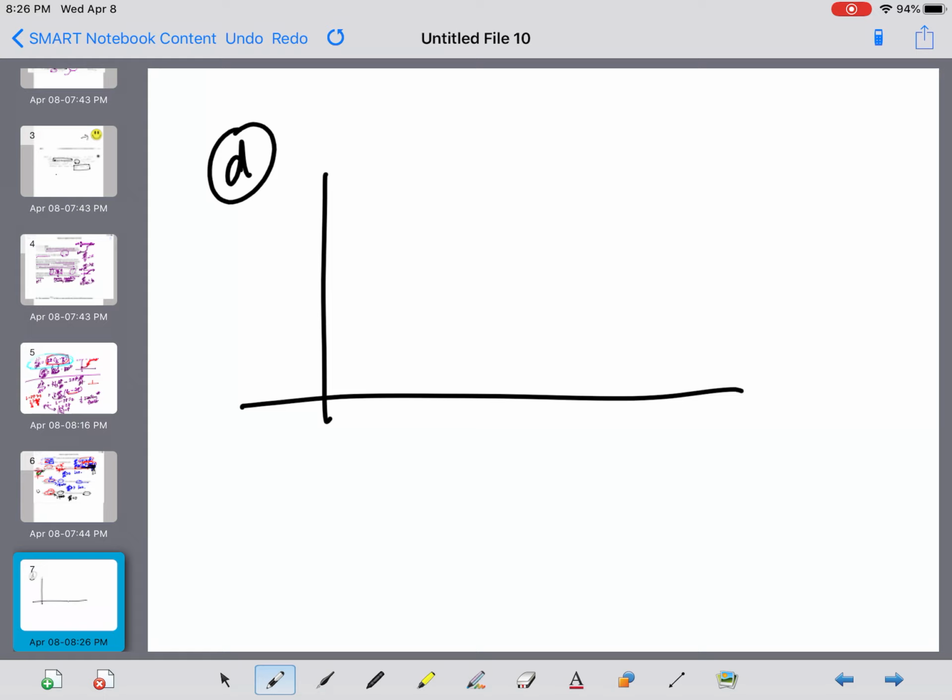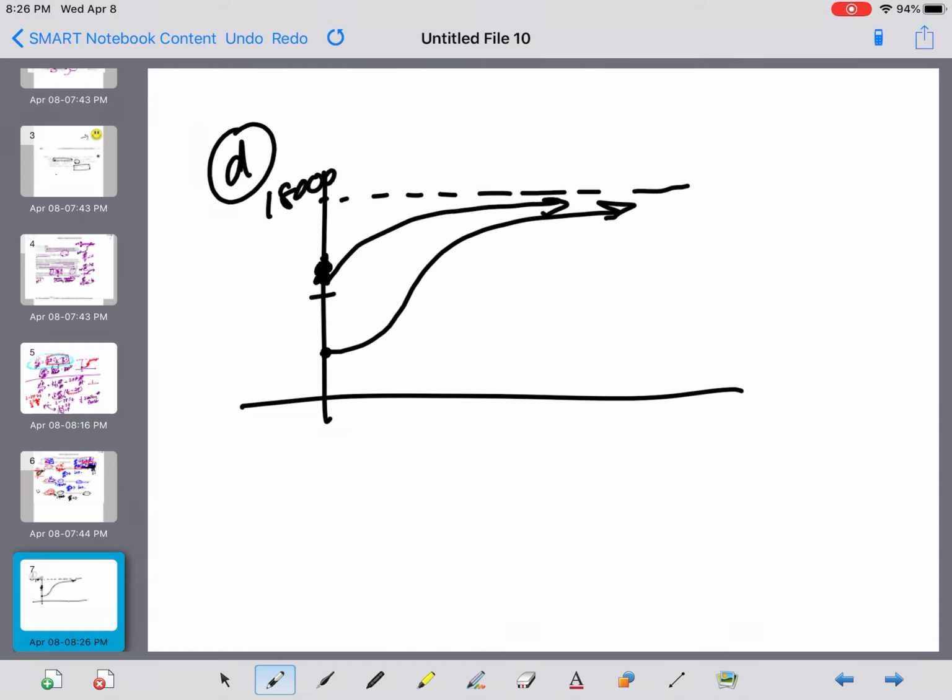All right, so we have this. 18,000 is our limiting factor. The solution curve for A, if you put it in at 4,000, would look somewhat like this. If you put it in at 10,000, a little up right down here, it'll look like this. And if you put it at 20,000, it'll look like this.